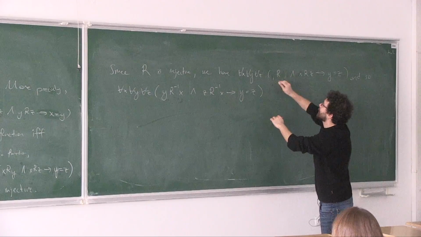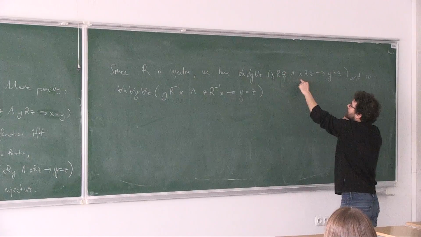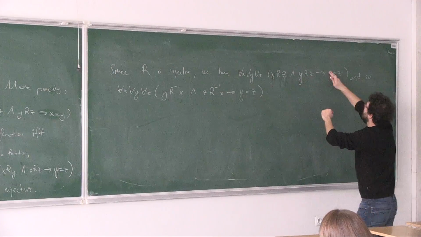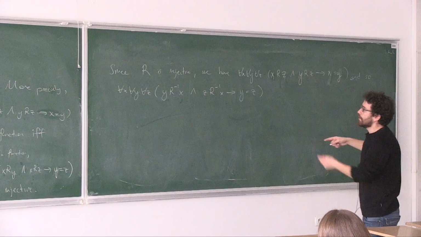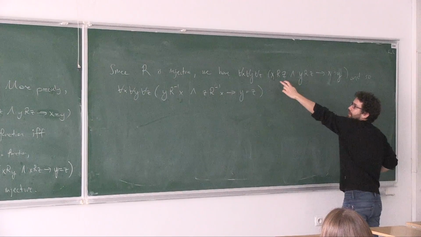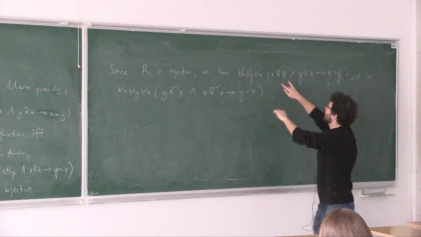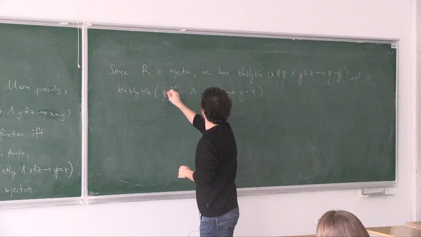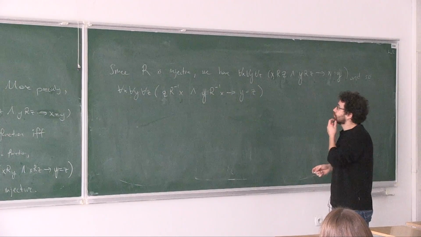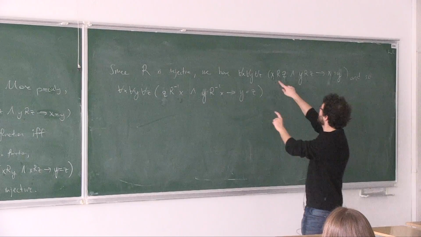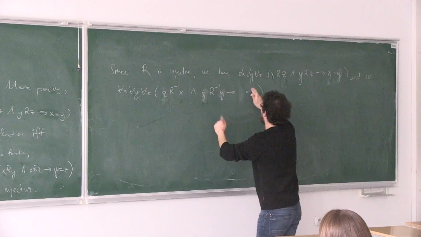It means the following. If x is mapped to z and y is mapped to z, then x is y. Obviously. We use the other thing over there. Injectivity means this. If x is mapped to z, y is mapped to z, then x and y should be the same. Now, if you use the definition, you'll get this. And this is what it means for R inverse to be a function. Exactly.